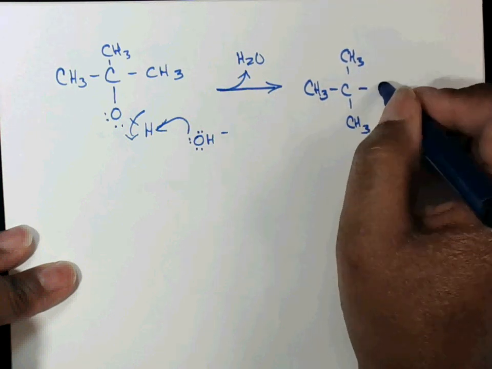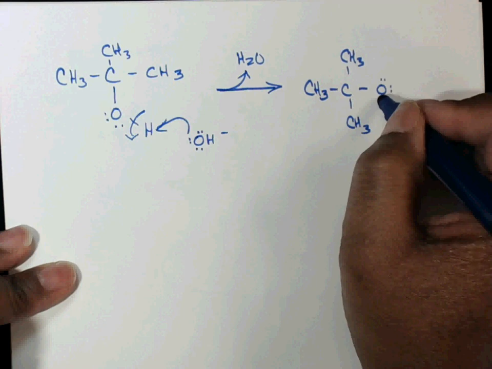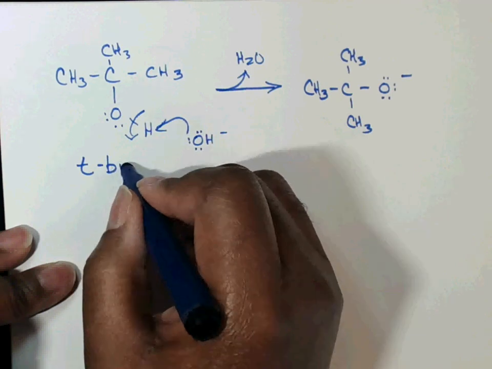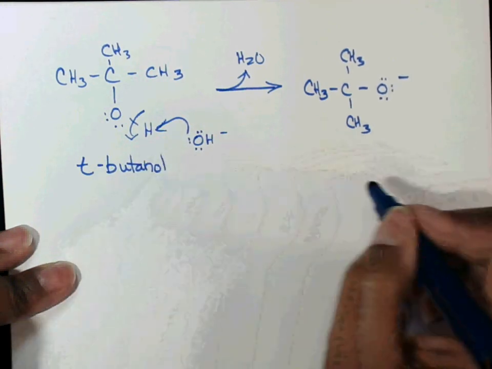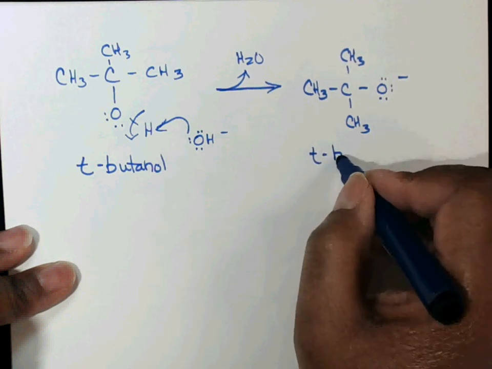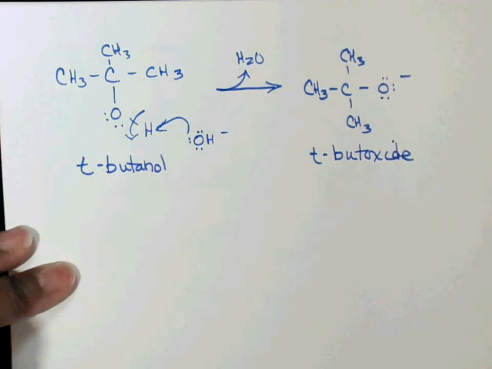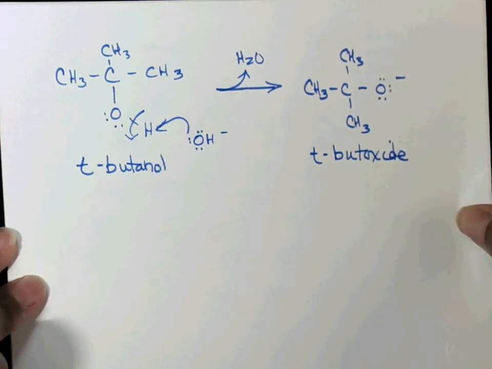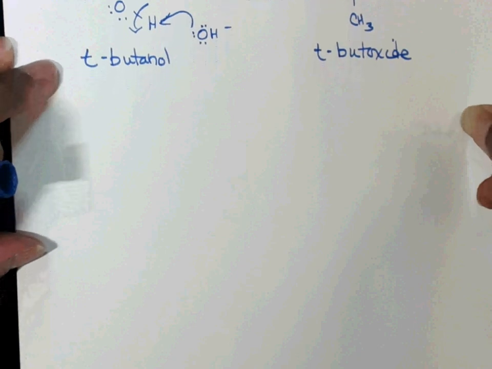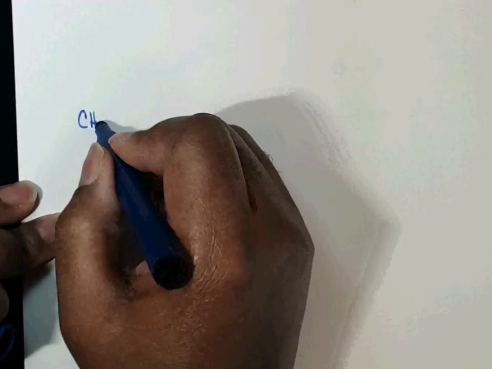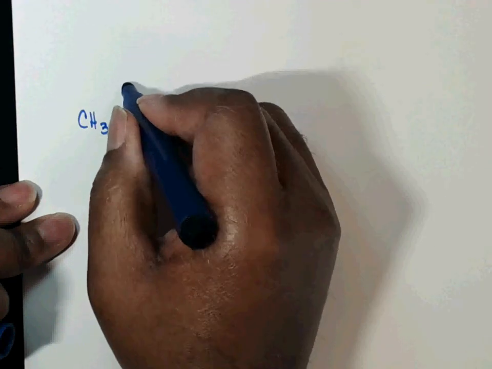Now, since the alkoxide is derived from T-butanol, we're going to call this T-butoxide. Okay? All right, so I got my alkoxide. Now, I need an alkyl halide.